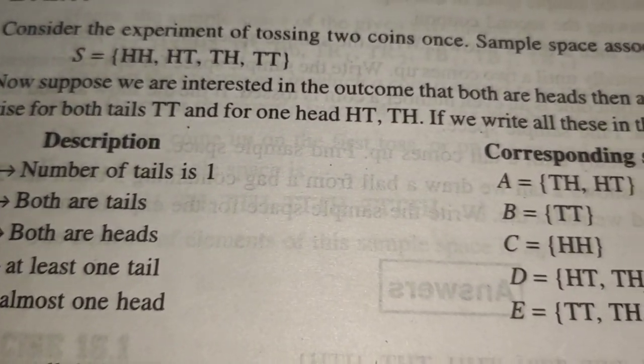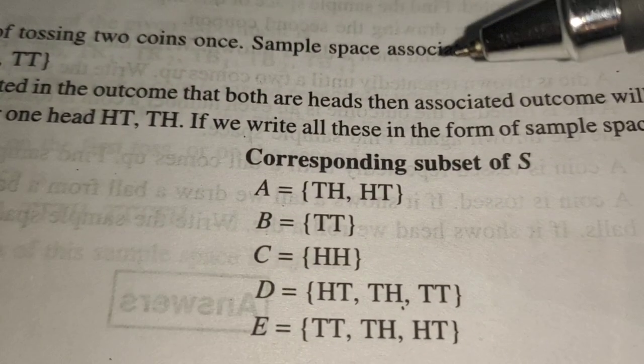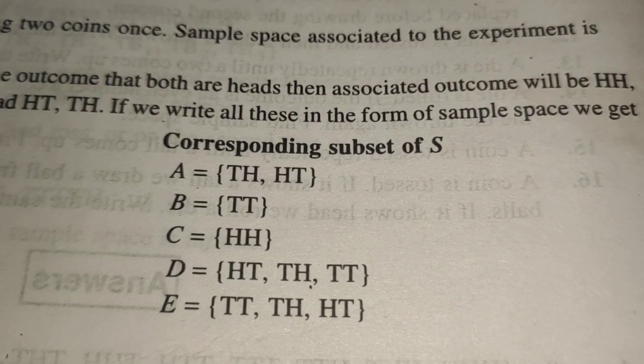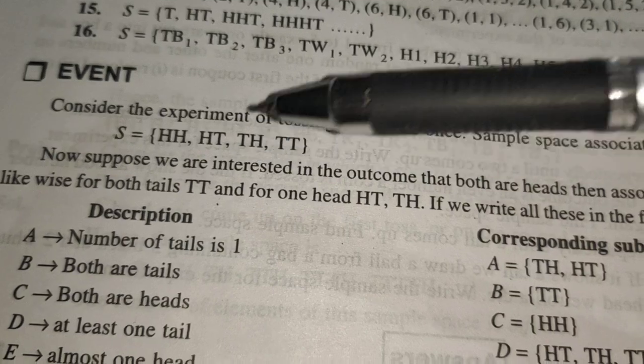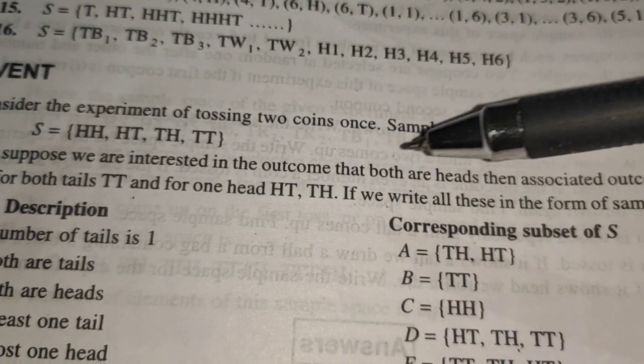Now suppose we are interested in the outcome that both are heads, then the associated outcome will be HH, and likewise for both tails it is TT, and for one head it is HT or TH.